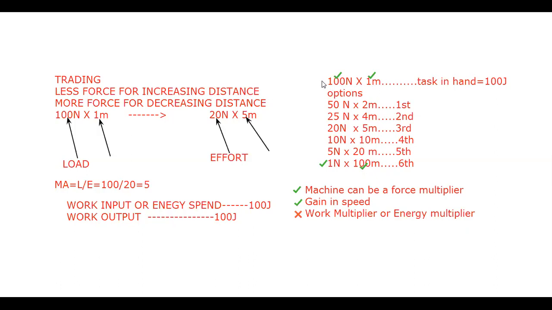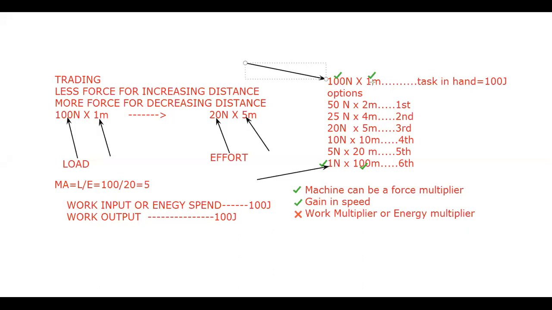So if you look at the input energy, how much is the input energy? You will find the input energy here is 100 joules. 1 Newton into 100 meters. How much? 100 joules. Or how much is the work done on the machine? 100 joules. And how much is the work done by the machine? The work done by the machine is also 100 joules. 100 Newton into 1 meter.